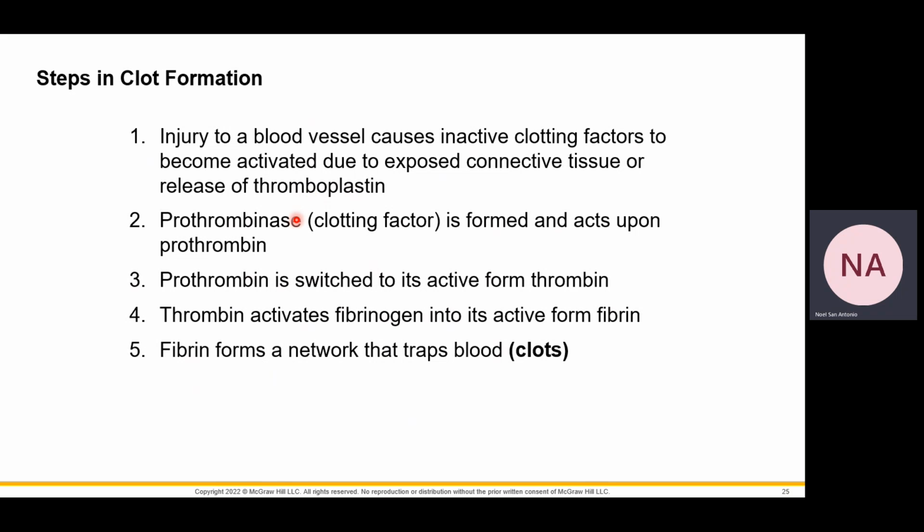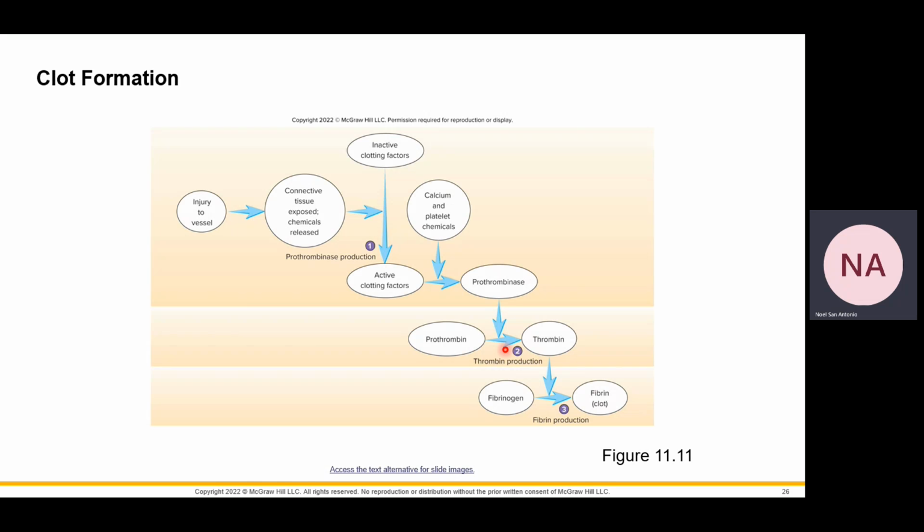And then prothrombinase is formed, which acts upon prothrombin. Prothrombin is switched to its active form called thrombin. Thrombin activates fibrinogen to become fibrin. What we need there is fibrin, because it traps the blood and cells in order to form a clot. Okay?